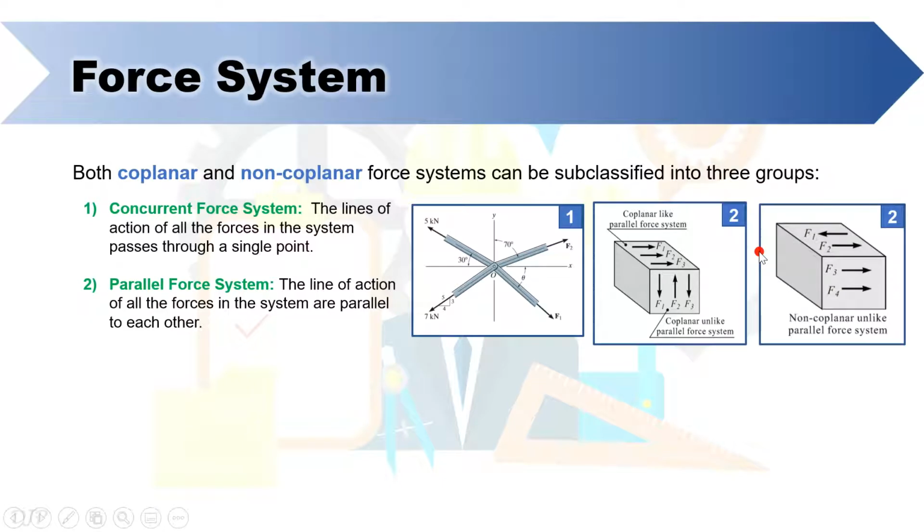This one is an example in which the forces are acting on different planes. They are all still parallel with each other. Note that these four forces are pointing in the same direction. Therefore, this group of four forces is classified as a non-coplanar, like parallel force system.